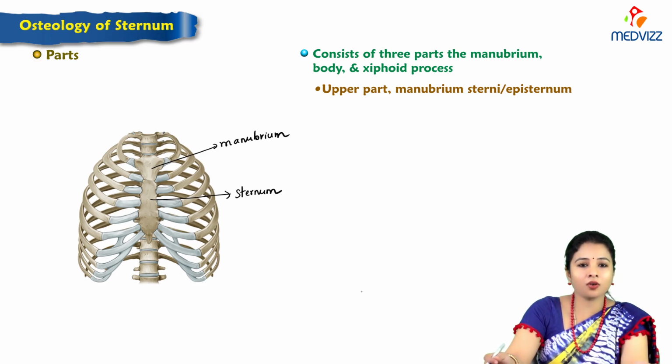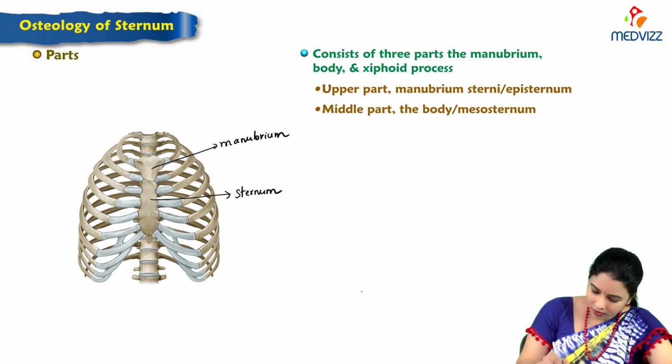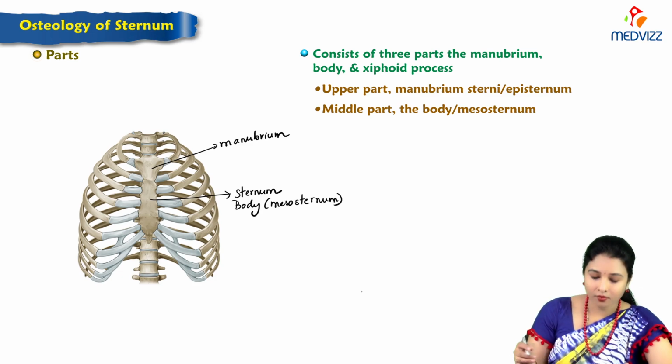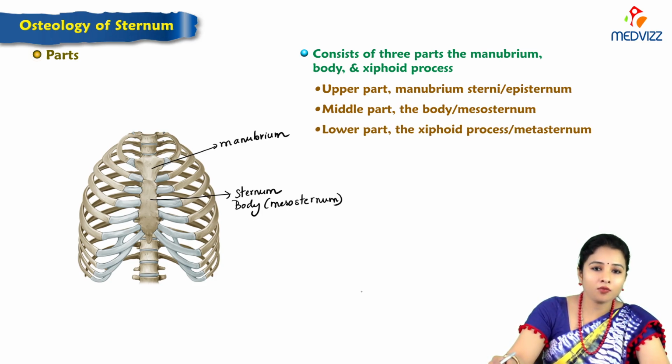Manubrium is otherwise called episternum or manubrium sterni. The middle part is formed by the body of the sternum, which is the mesosternum. This is the body. Whereas the lower part, that is the lower tip of the sternum, is called the Xiphoid process or metasternum.